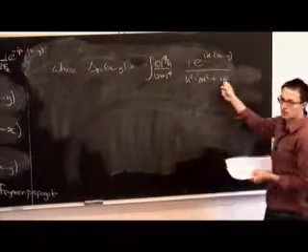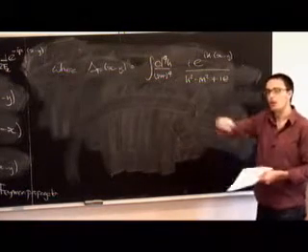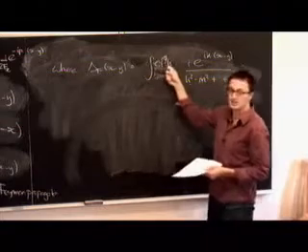Remember, this plus i epsilon is just there to remind us that we do this strange contour that dips over one singularity and under another singularity when doing the k0 integral.